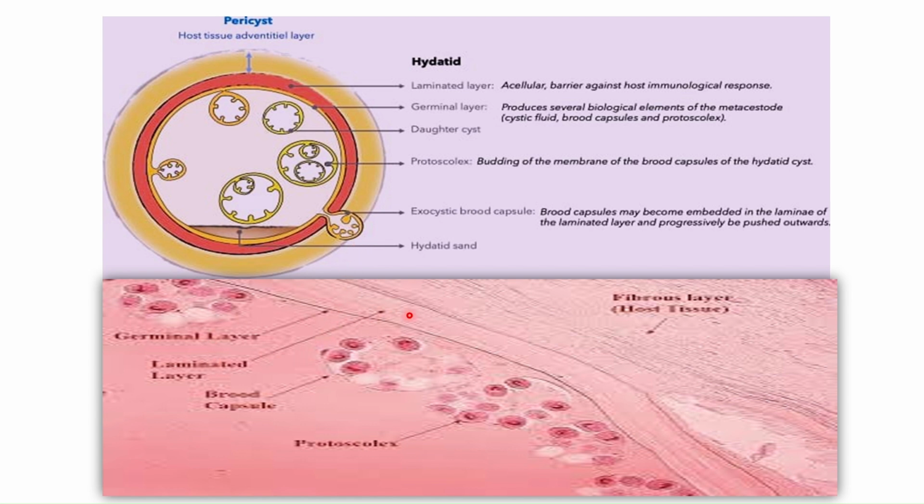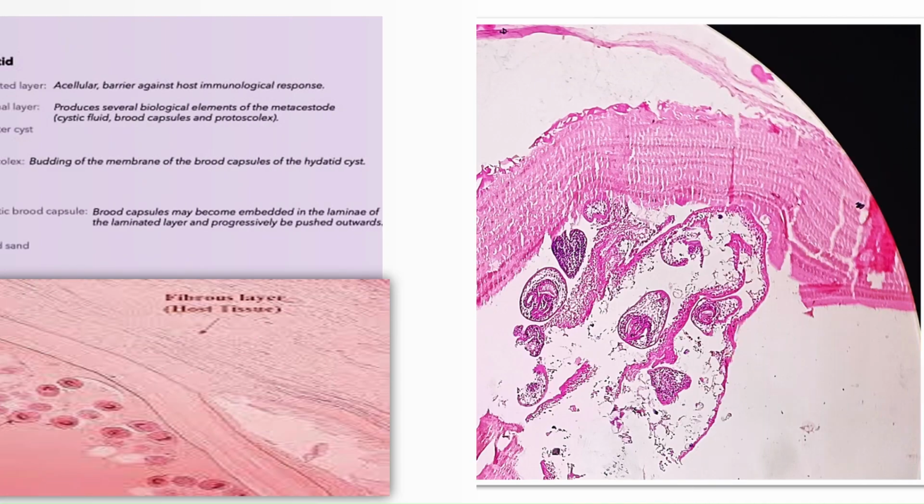So here this is the microscopic picture of the cyst wall. Here this is the laminated layer. This is the key feature for diagnosis. The outer one is the fibrous layer, and here the germinal layer contains the brood capsule and it contains protoscolices.